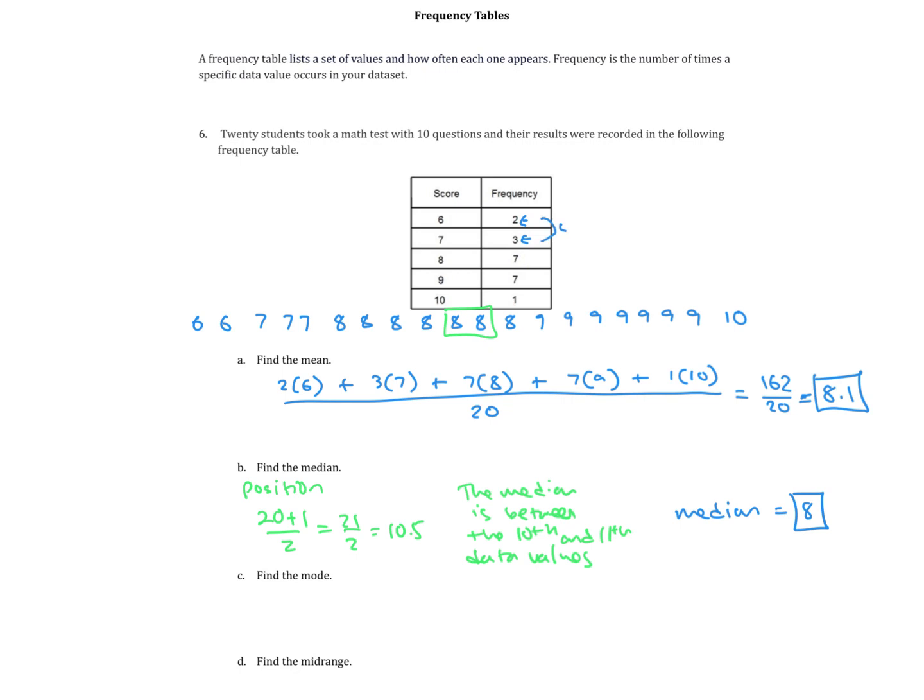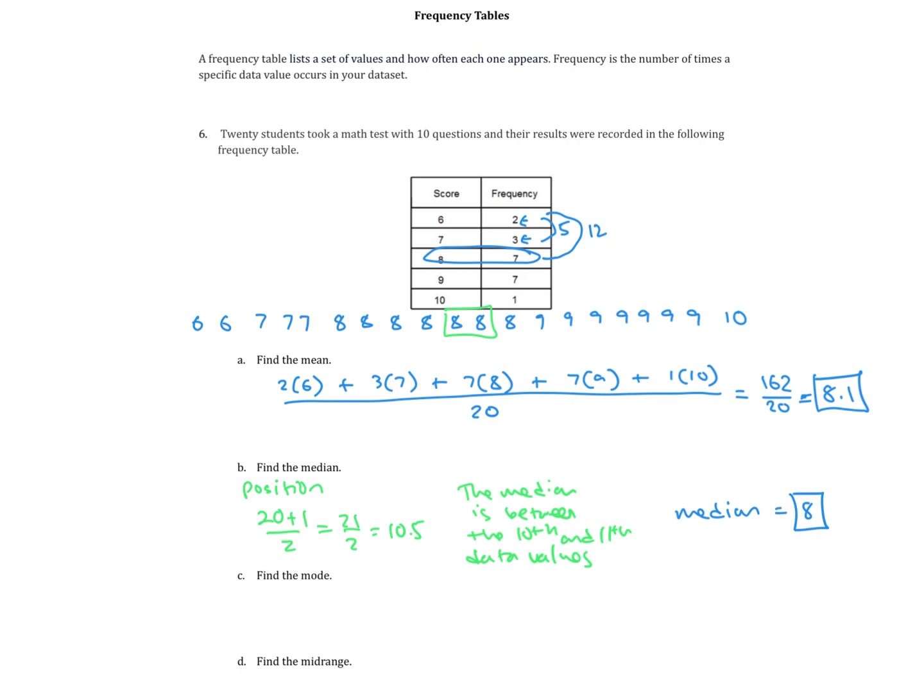Those are the first 5 numbers. So I haven't gotten to my 10th and 11th data values yet. If I add on the 8s, 7 more numbers, that would be the first 12 numbers. And my 10th and 11th numbers would be some of those 8s. And so I know that they would both be 8s, and the mean of 2 8s is going to be 8.